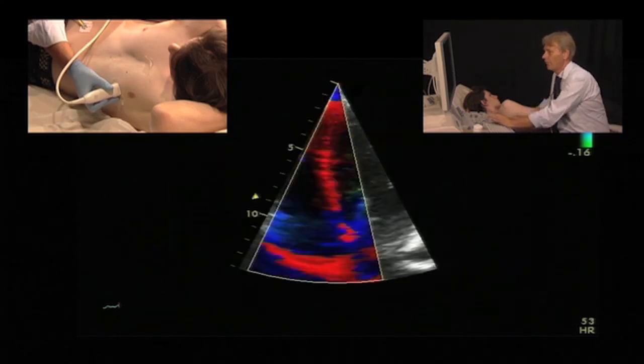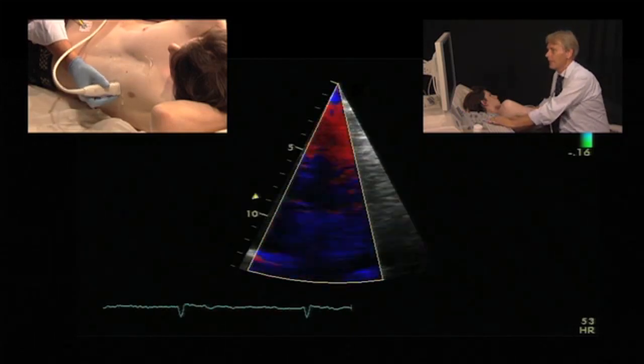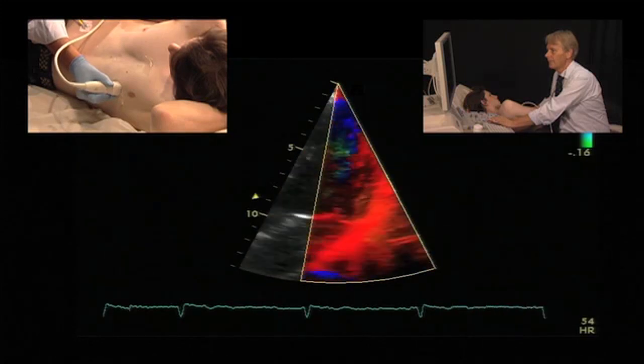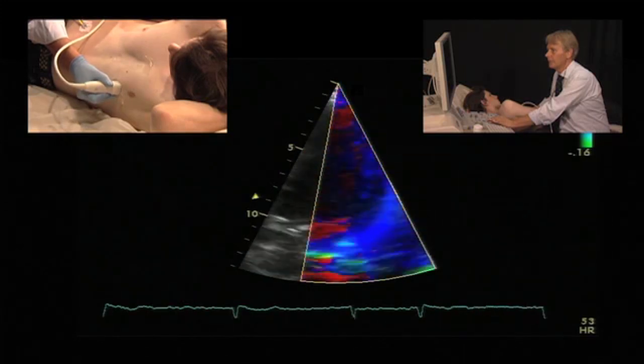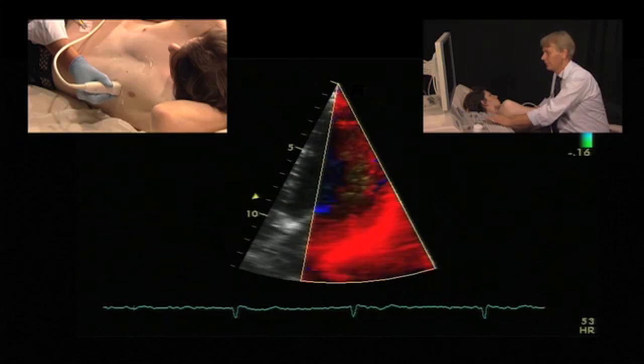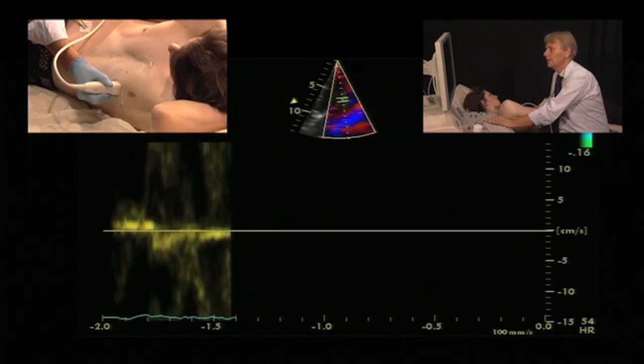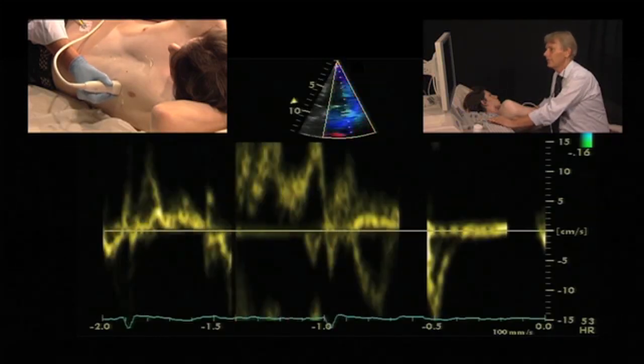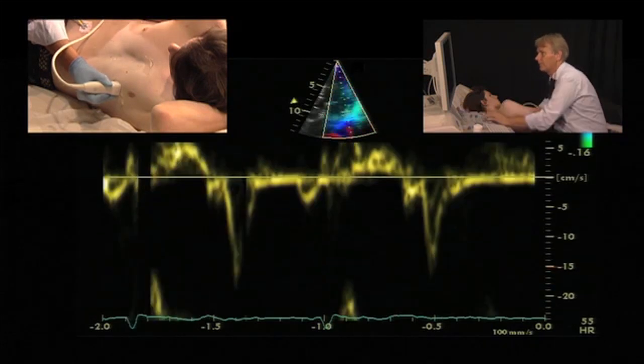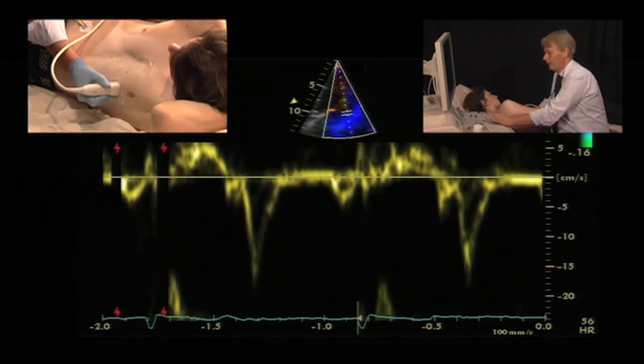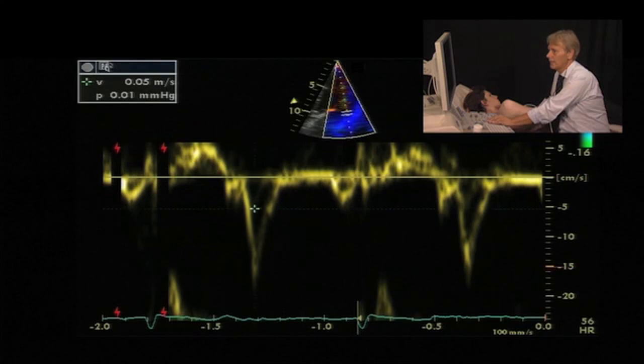You can also perform the measurement at the lateral ring. All you have to do is switch the region of interest to the lateral ring, then put the pulsed wave Doppler signal there. And again, we get an E' wave and an A' wave.